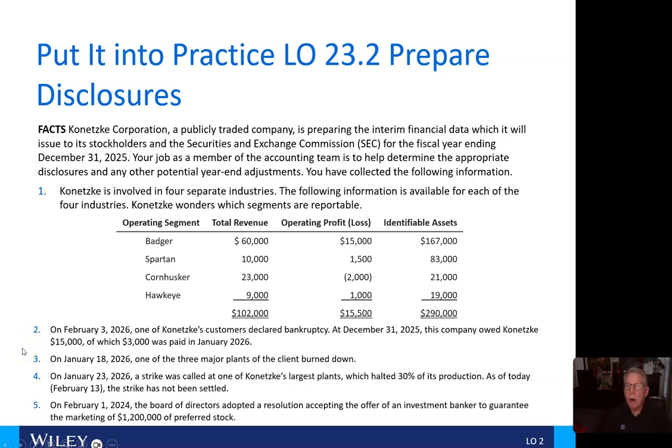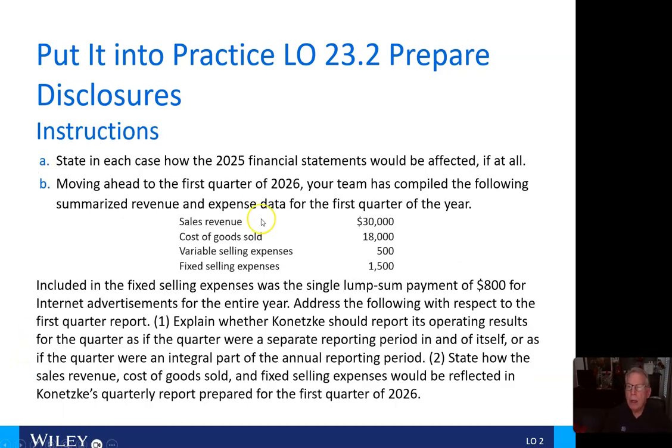Okay, so the instructions are: Alpha, state in each case how the 2025 financial statements would be affected, if at all. And Bravo, moving ahead to the first quarter of 2026, your team has compiled the following summarized revenue and expense data for the first quarter of the year.